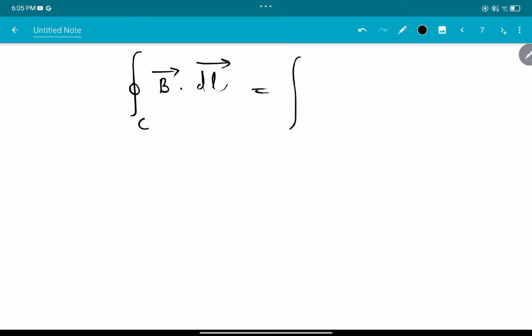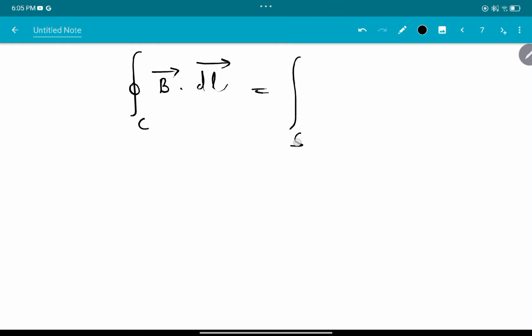There are two ways you can write this surface integral. Some people write two integral signs, calling it a double integral. Some people simply write S, and sometimes they write del V, the surface bounding some volume, but here there is no question of volume. We will continue with this simple notation.